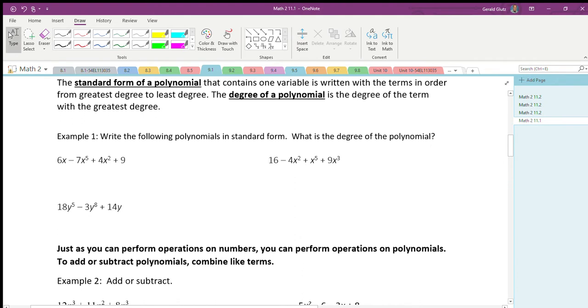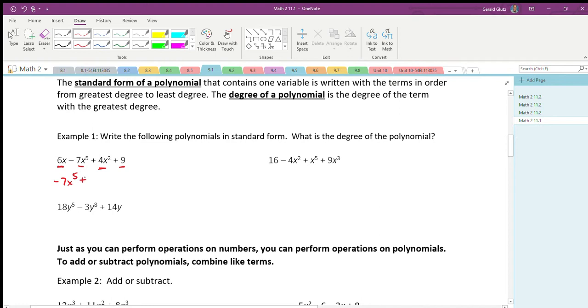So sometimes we're going to be asked to find the degree of a polynomial. So notice that this is a polynomial in example 1 because there are 4 different terms. So the first thing we need to do is put it in standard form. So standard form means that we have all of our terms with the highest degree measure going first. So the highest exponent, I should say. So negative 7x to the 5th.